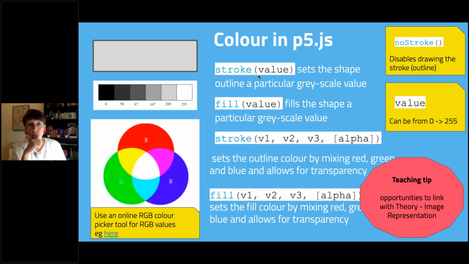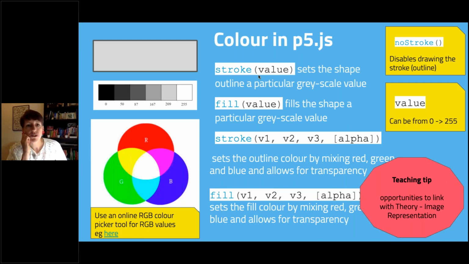So it would be great, as an activity while you're teaching image representation with your students, to do a little p5.js color programming, to really give them an idea of how color is made up and how it's represented inside the computer.